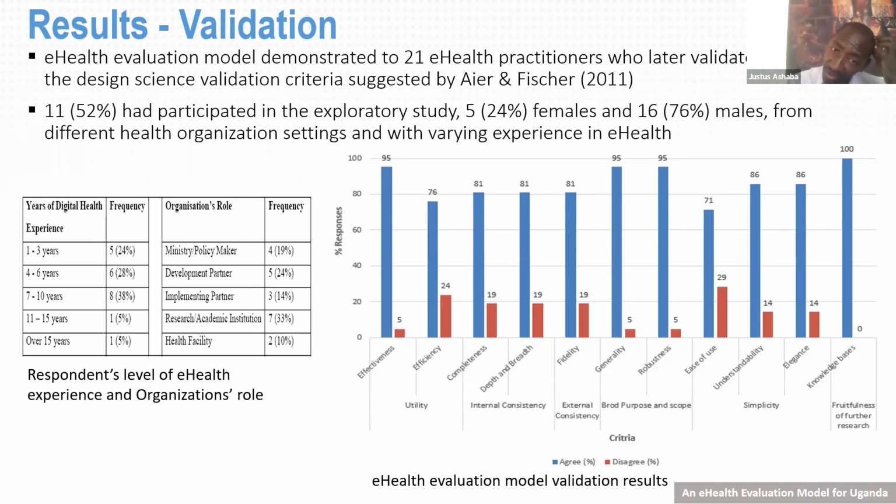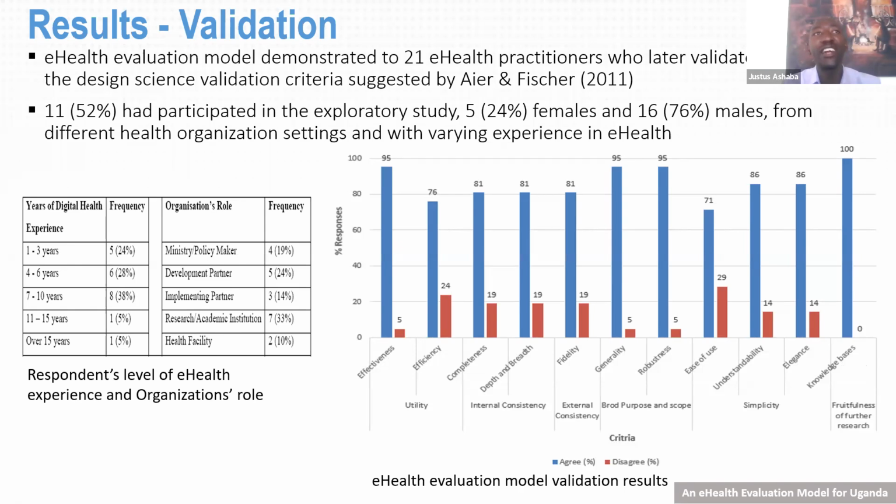Feedback showed most of the practitioners were really in agreement that the model was performing well in terms of these areas. Again, we looked at more of design science evaluation criteria, looking at the effectiveness of the model, efficiency, completeness.